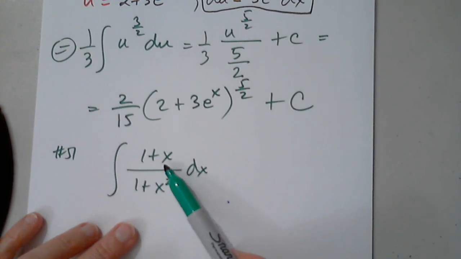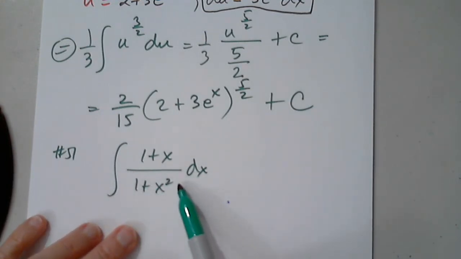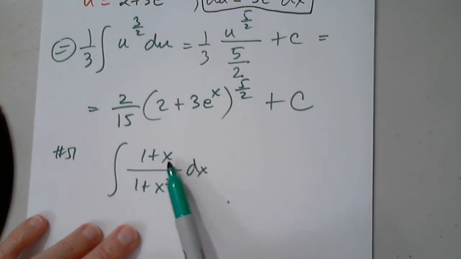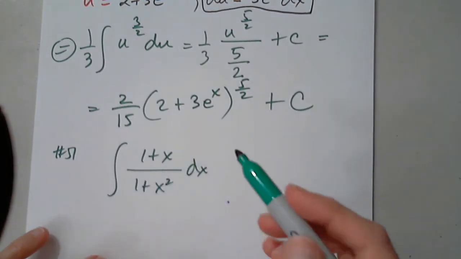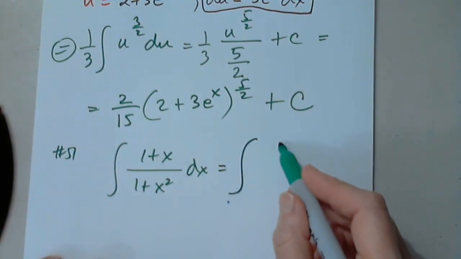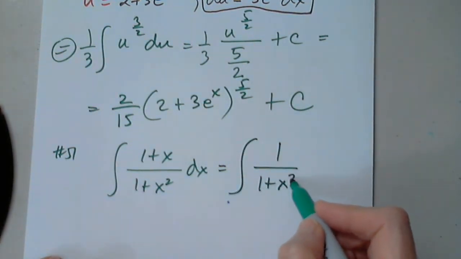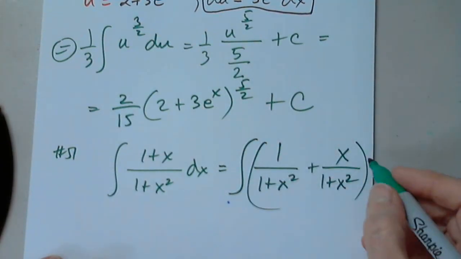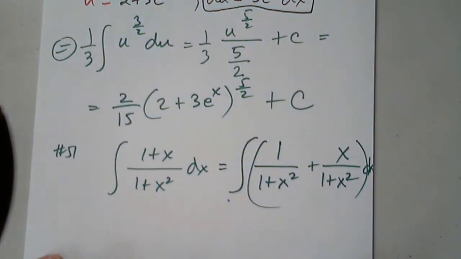I look at the numerator and the denominator, and if I use the denominator as u, I will never get this to work. But if I notice that this fraction can be written like this, dx.